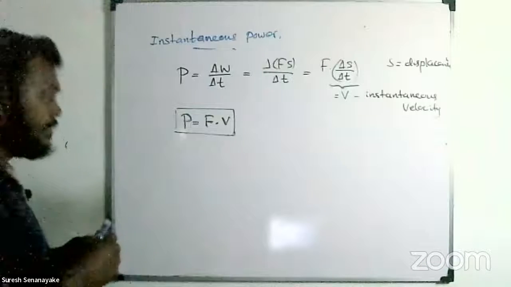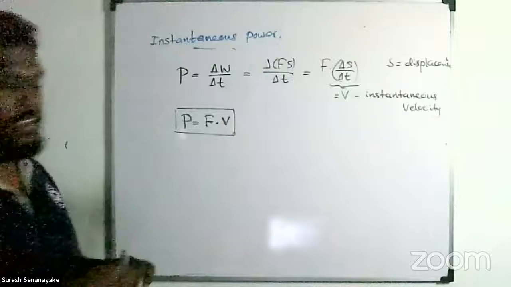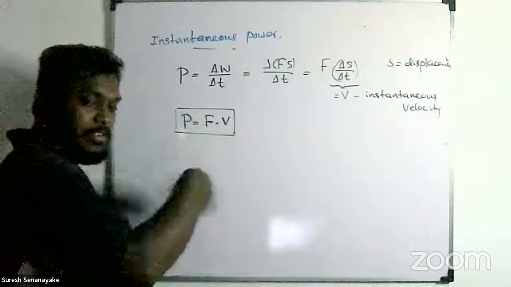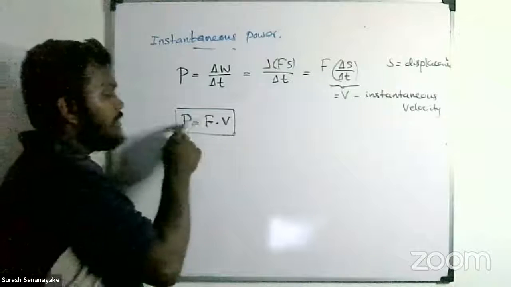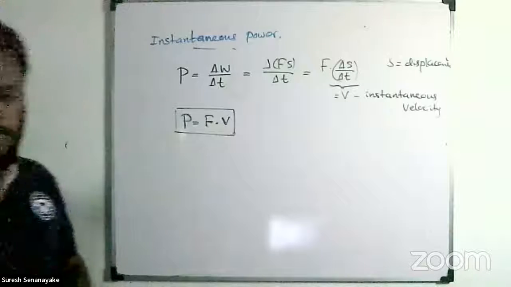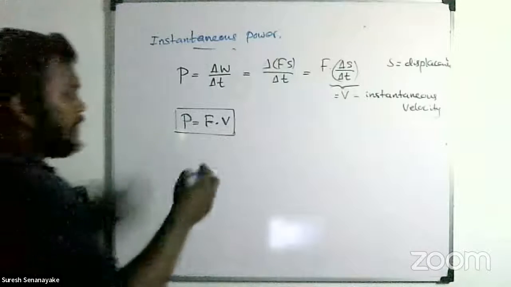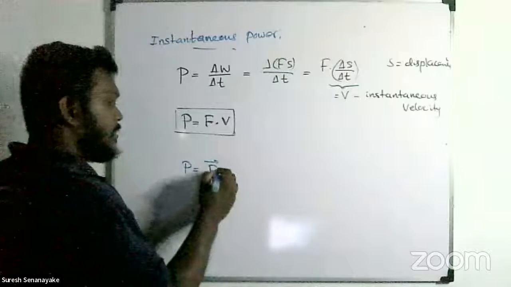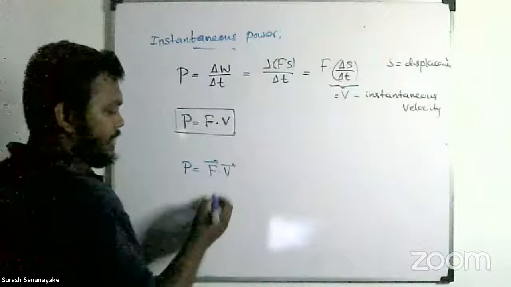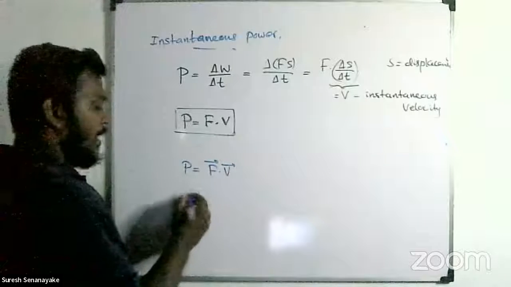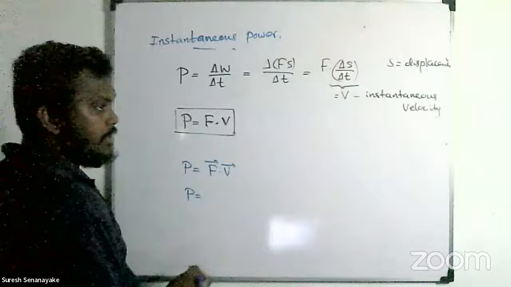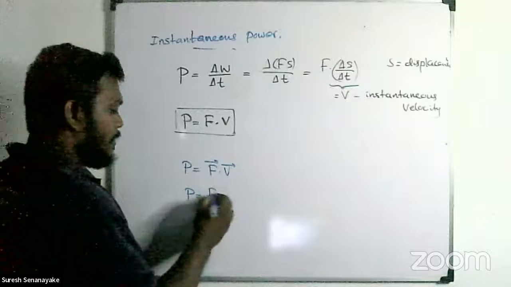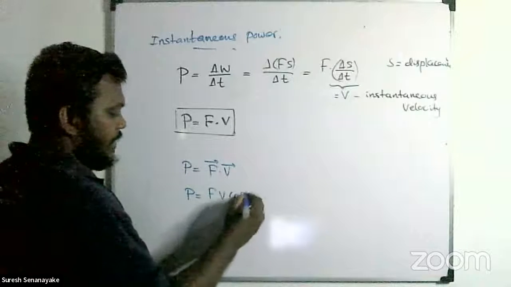So we can write the instantaneous power. If at any instant the velocity is v, and the force acting on the body is F, the power of the engine working is F v. Get an idea. You can write this in the vector form also. The force is a vector and velocity is a vector. So in this format, if the angle between the force and the velocity is theta, you can write F v cos theta.